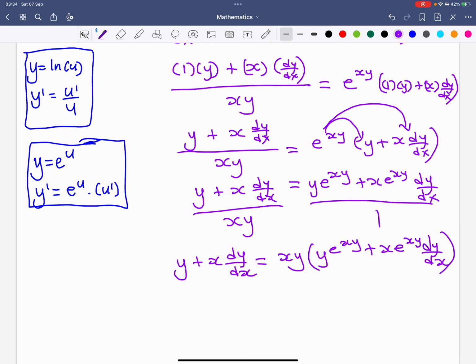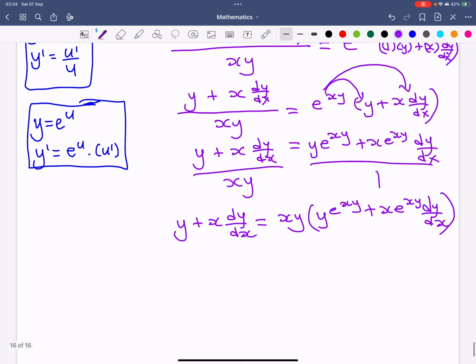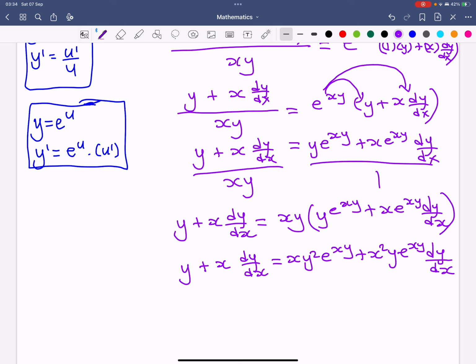Okay, interesting. So what can I do? So this is y plus x dy over dx. And then of course this is going to become x y squared e to the xy plus x squared y e to the xy dy over dx. So what am I going to try and do in this case? I want to put this dy over dx on one side, right?